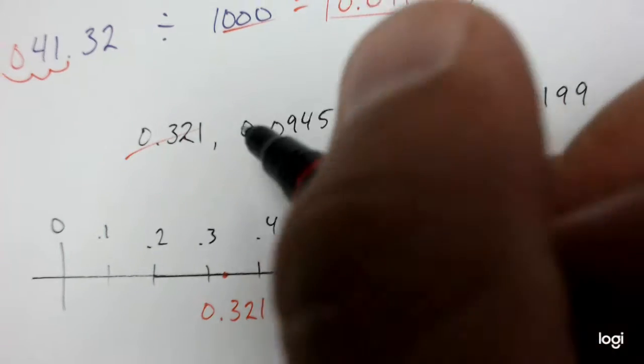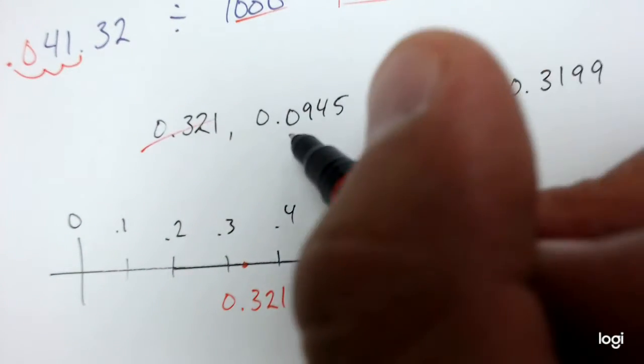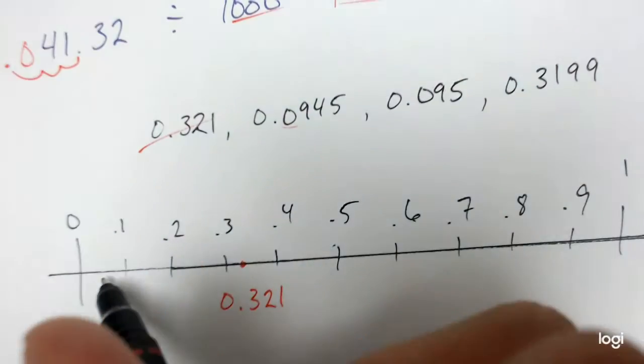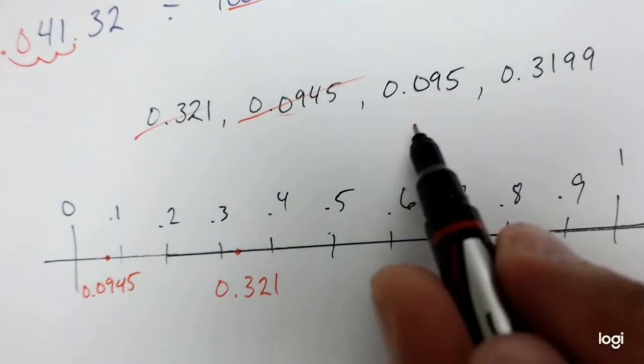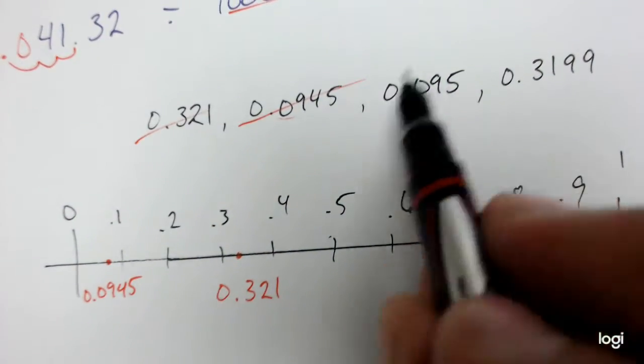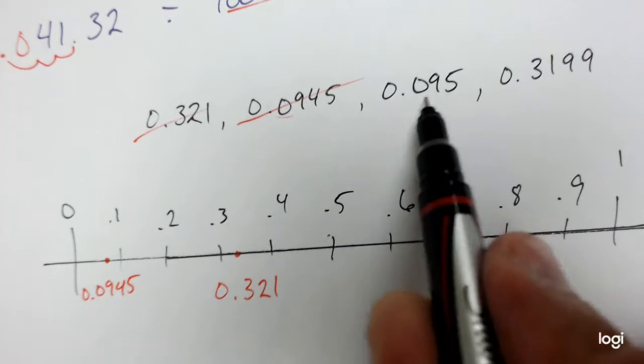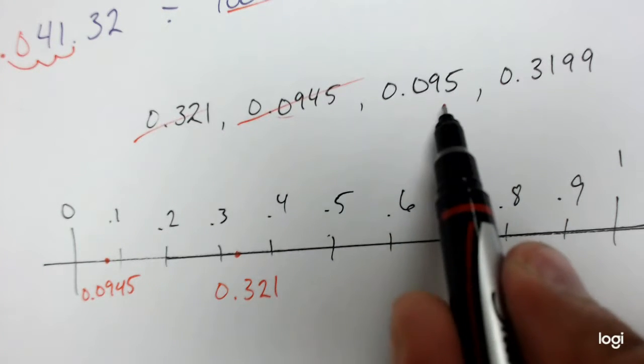Okay, now let's go to the next one, 0.0945. 0.09 means I'm smaller than the 0.1. So that means we're going to be like right around here-ish. So I've got 0.0945. Right, that one's done. Next one, I've got 0.095. Ooh, okay, now I got to figure out between 0.0945 is 0.095 bigger.